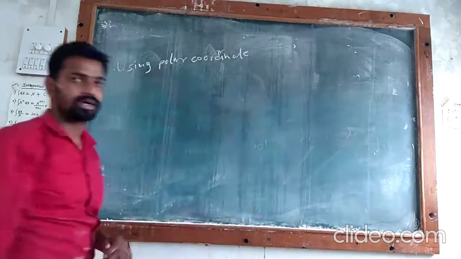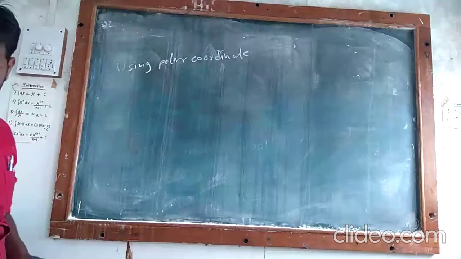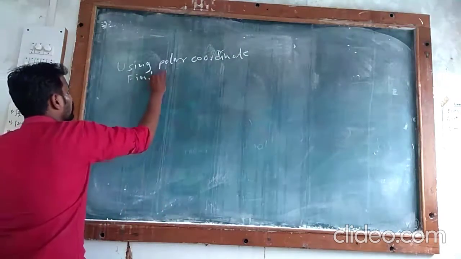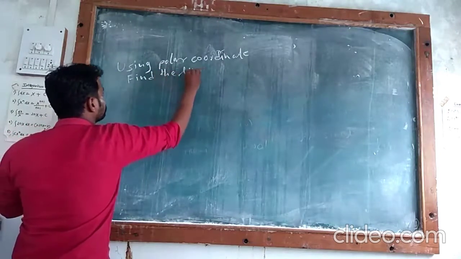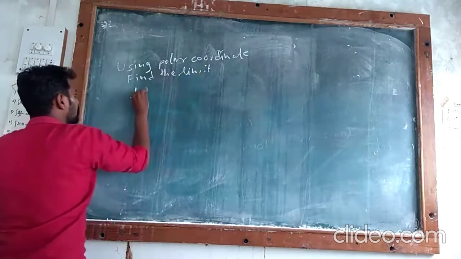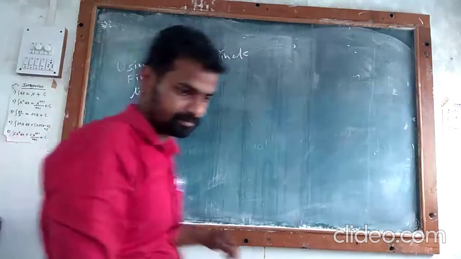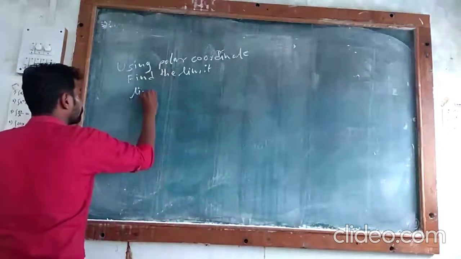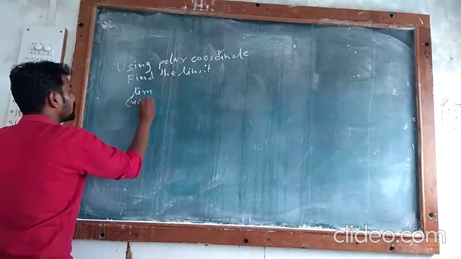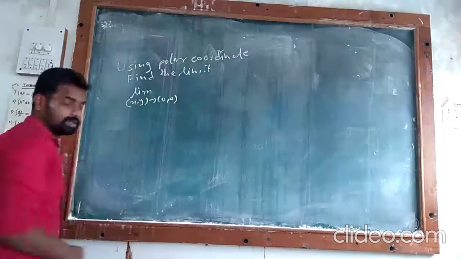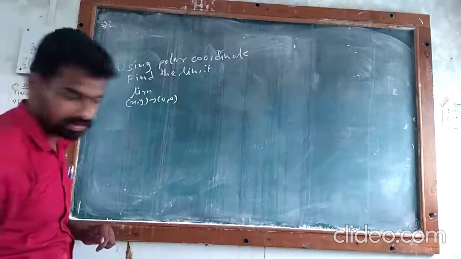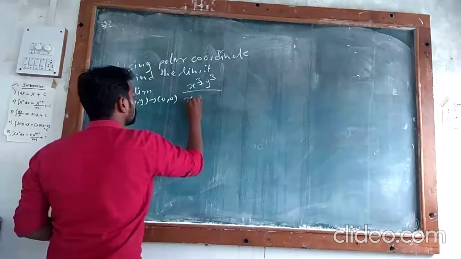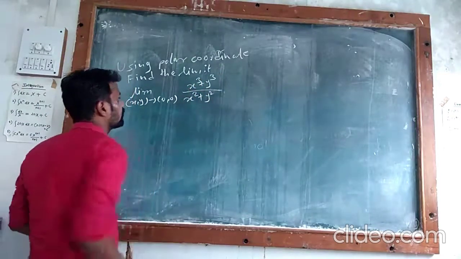Using polar coordinates, find the limit as (x, y) tends to (0, 0) of (x cube plus y cube) upon (x square plus y square).